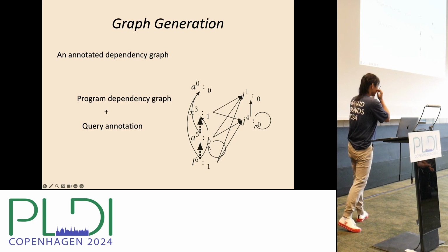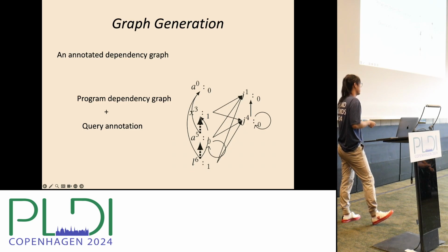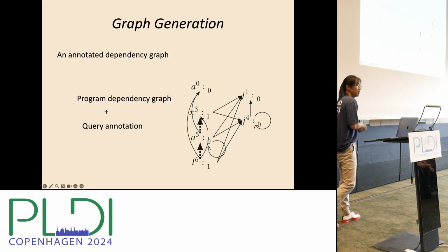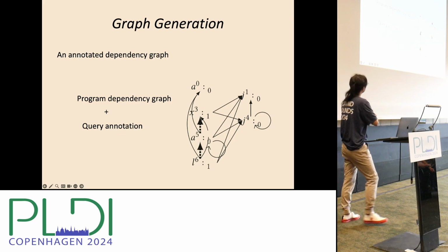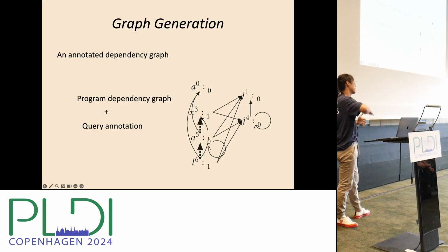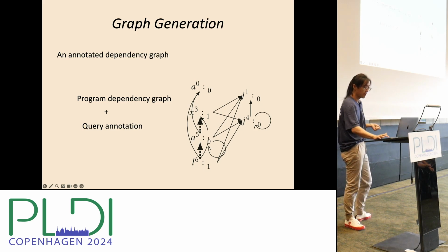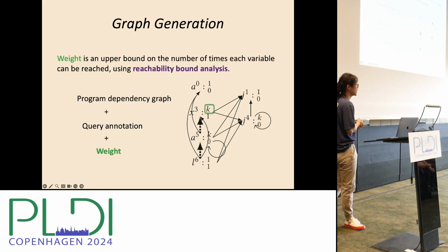Since our semantic-based adaptivity is based on a graph, to estimate that, we also want to construct such a graph. We use standard program dependency graphs and then put some query annotations by scanning the code and figuring out where it is query related. Also, we add some weight.